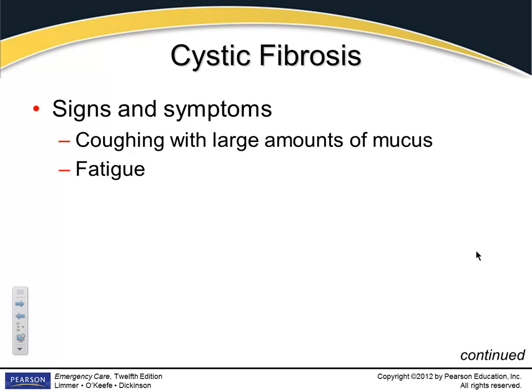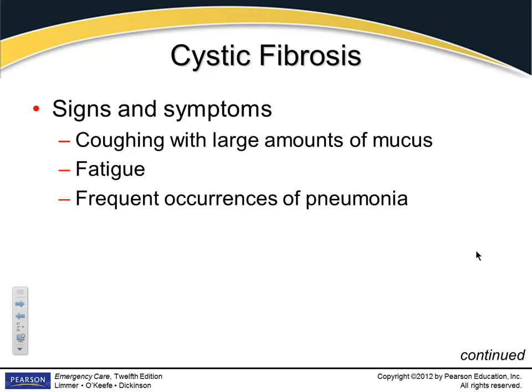They're going to feel very tired because that buildup of mucus interferes with gas exchange, kind of like the mucus buildup with your COPD patients. They're much more prone to developing pneumonia because of that.